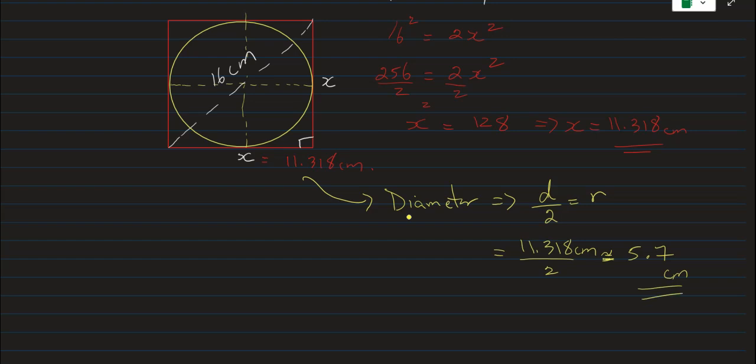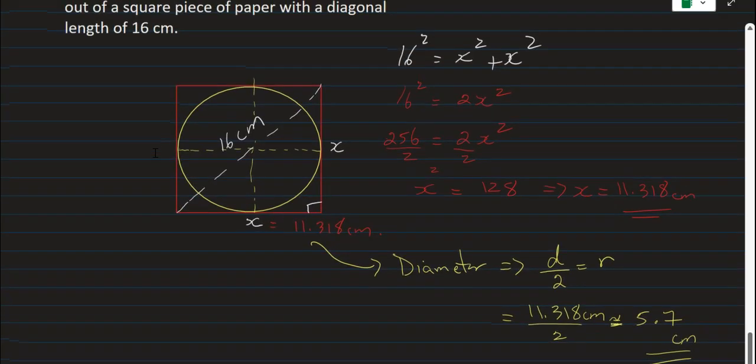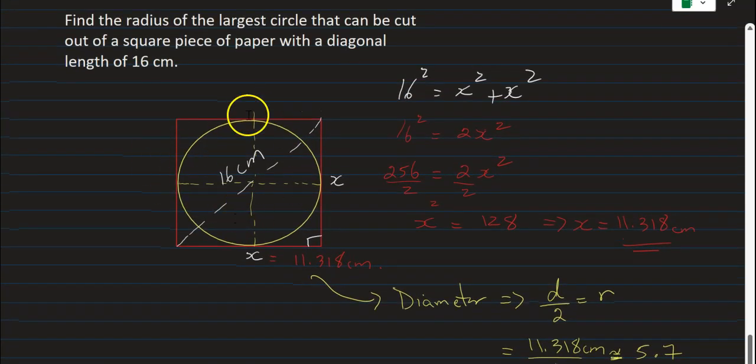So we found the radius of the largest circle that can be cut out of this piece of paper that is a square with a diagonal of 16 centimeters.